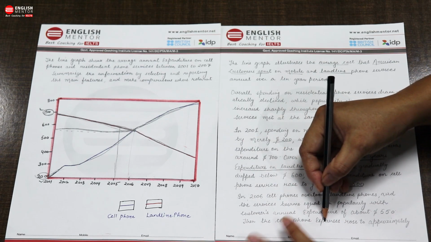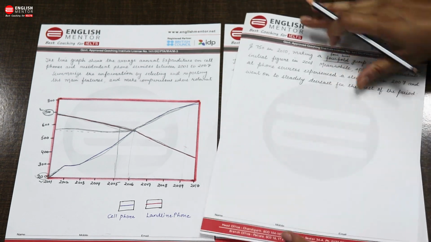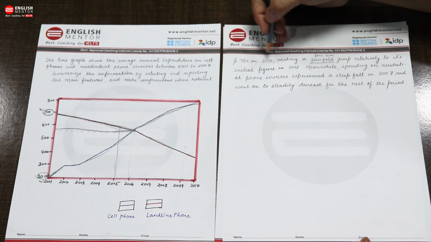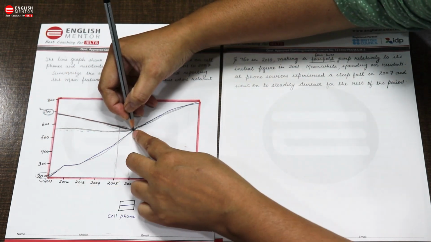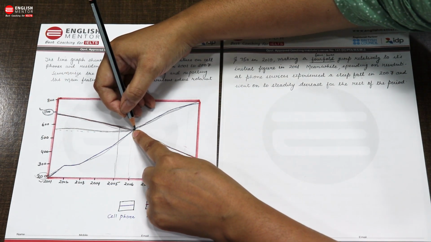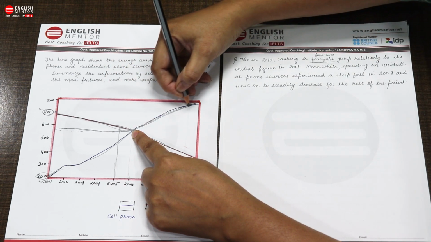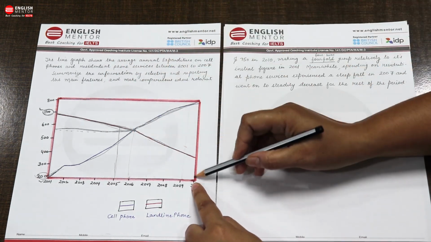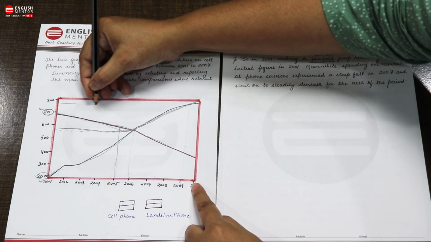Then the cell phone expenses rose to approximately $750 in 2010. This is the cell phone line. At this point it was bisecting, but there was a rise in the expenditure on cell phones, and in 2010 it increased to about $750.